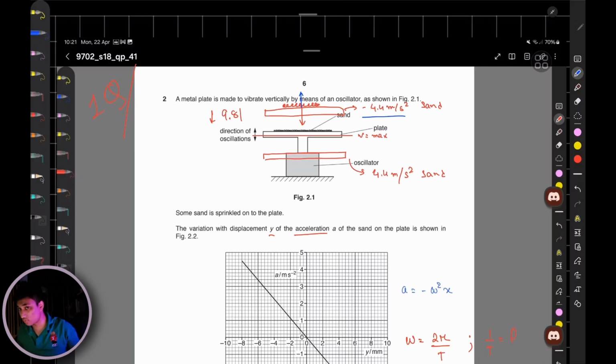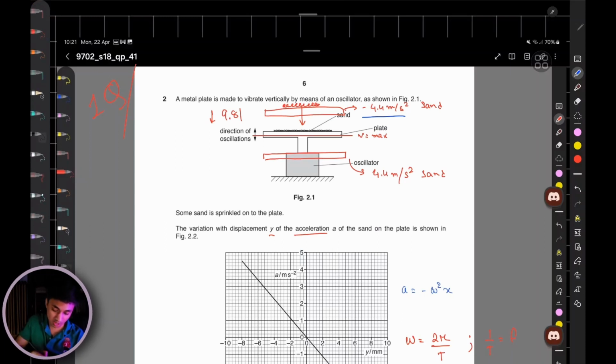Therefore, we can understand that if I increase the acceleration or increase the displacement of the plates, what will happen? The acceleration of sand will actually increase.